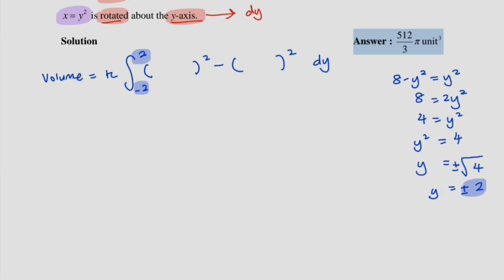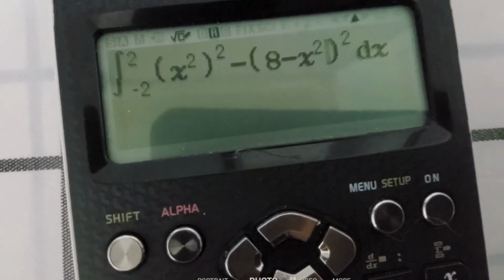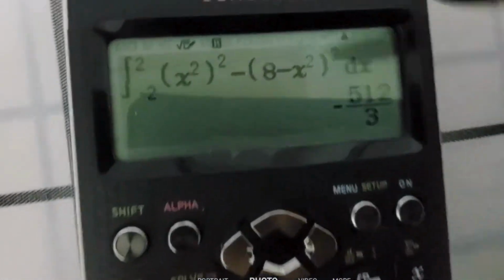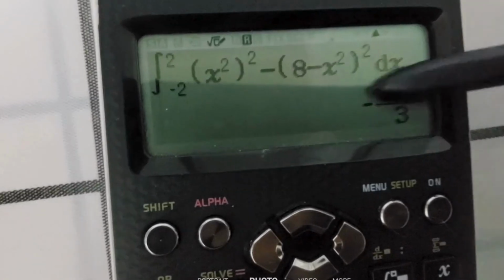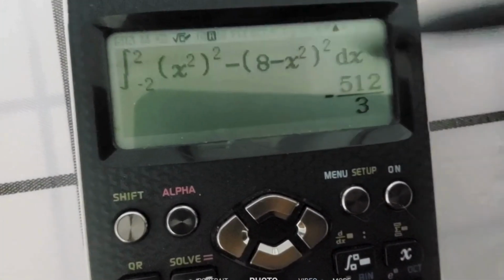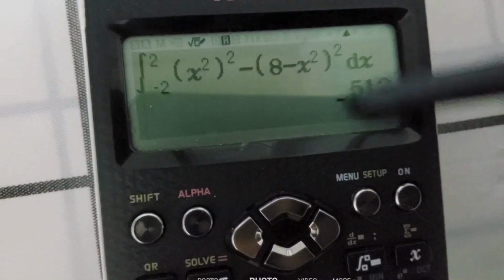Let's say we first try y squared minus 8 minus y squared. Try on your calculator and see what you get. We press equal sign, where y has been changed to x, the value is negative. Ignore the pi because you're just looking at the sign, positive pi. So the answer is negative.